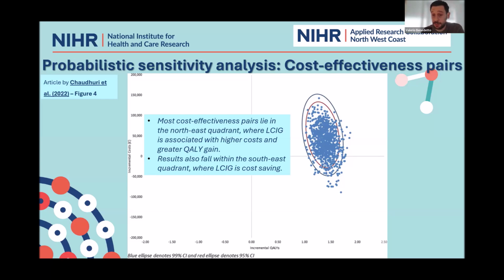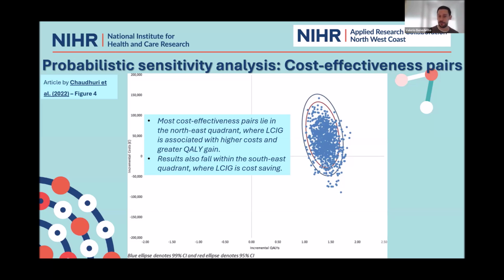There are also some dots which fall in the southeast quadrant, where the new gel is cost saving. So this reflects that some combinations of cost and qualis might result in the new intervention being cost saving. But we also have to consider that most of the combinations lie in the northeast quadrant, where we have this trade-off between cost and qualis.